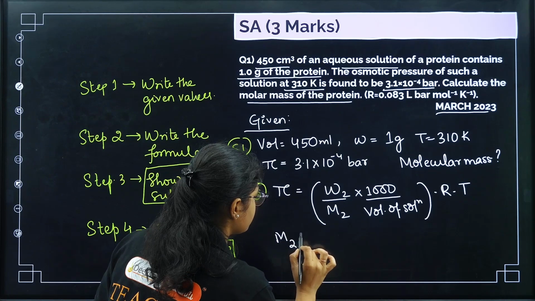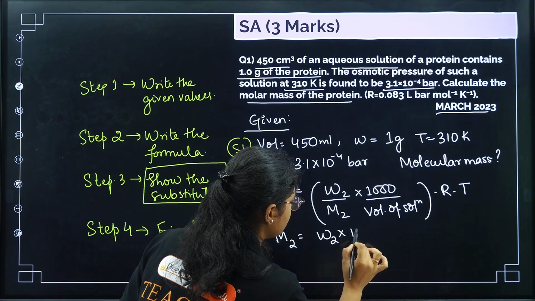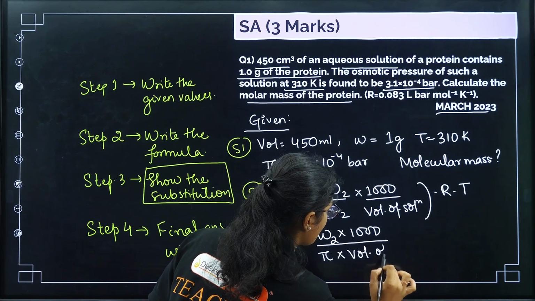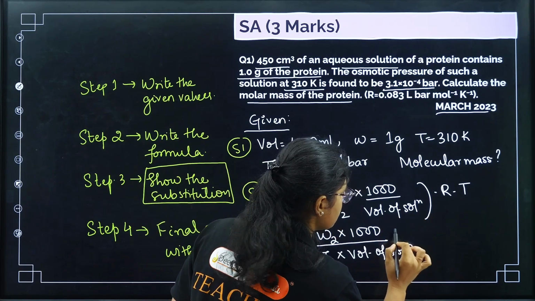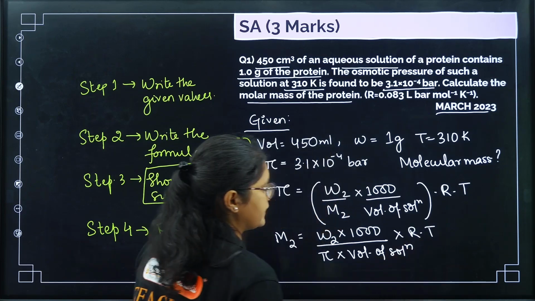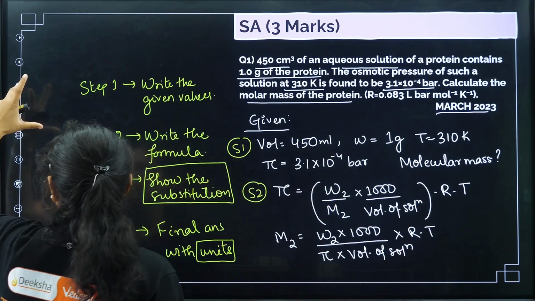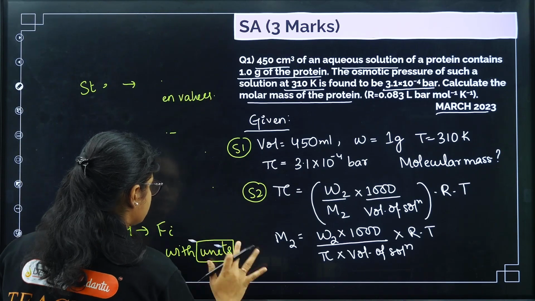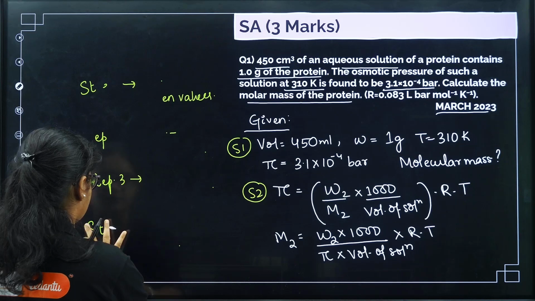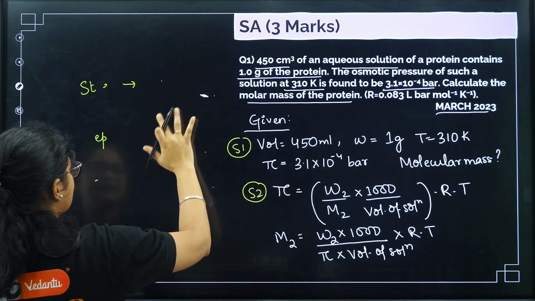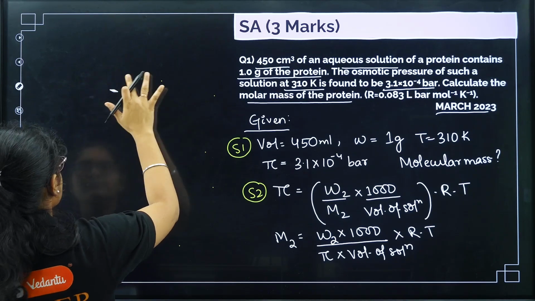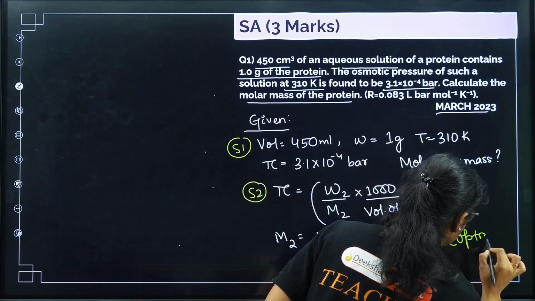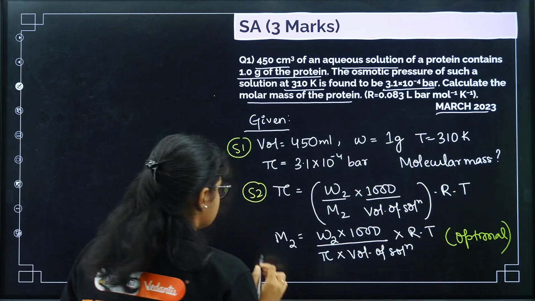I'll write M2 is equal to W2 into 1000 by pi into volume of solution, then into R into T. This step I did is for my calculation and understanding, so that I do not make any mistake while solving numericals. But remember, this is optional. You may do, may not do. So step 2 is done.